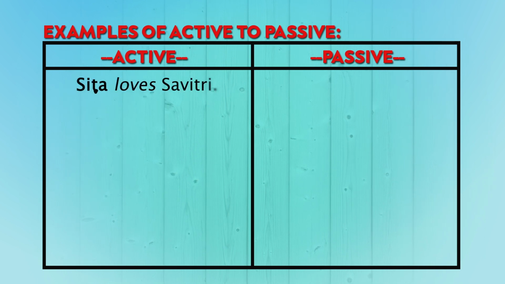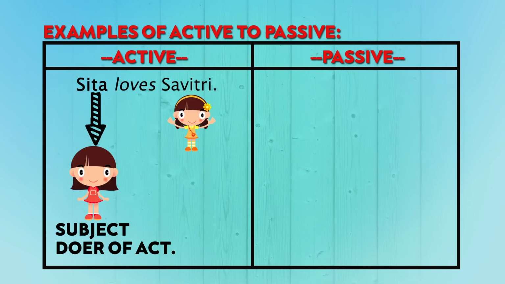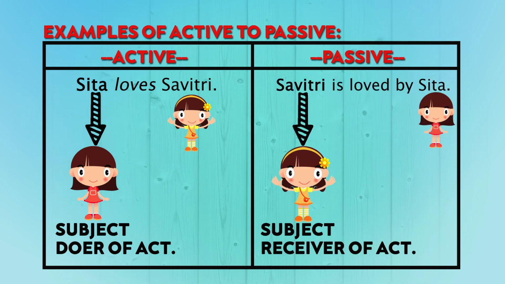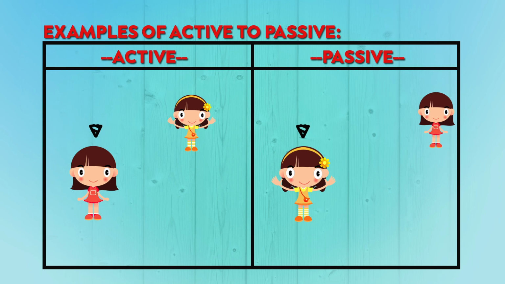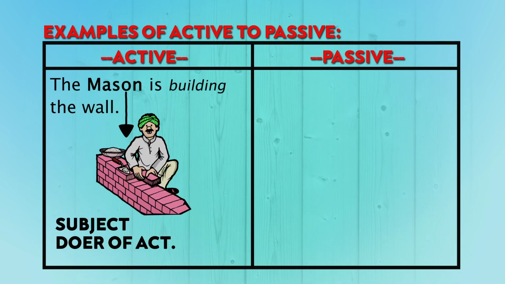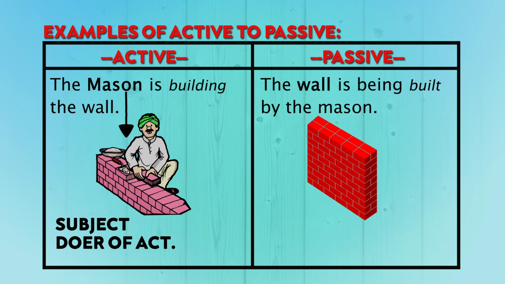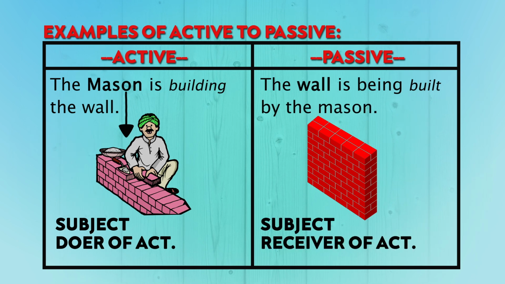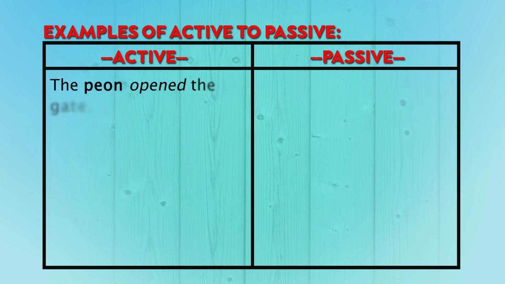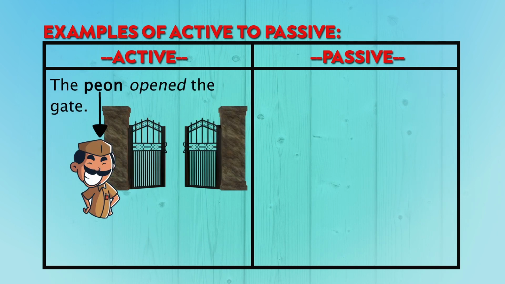Sita loves Savitri. The passive will be Savitri is loved by Sita. The mason is building the wall. The wall is being built by the mason. The peon opened the gate.